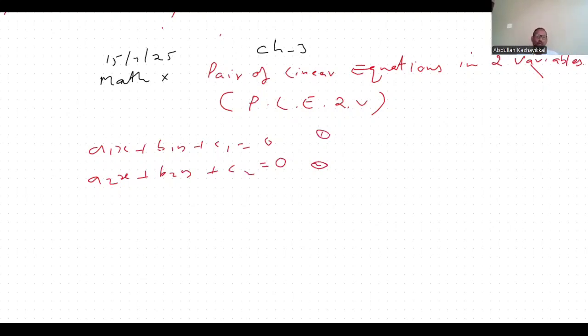A pair of linear equations in two variables has three conditions. I told you the general formula for a linear equation in two variables: ax plus by plus c is equal to 0. A linear equation in two variables has many solutions.